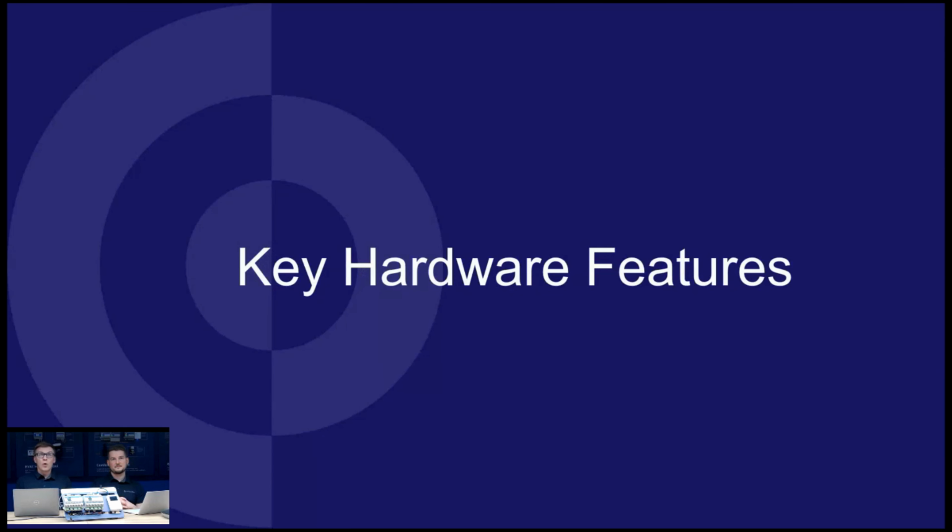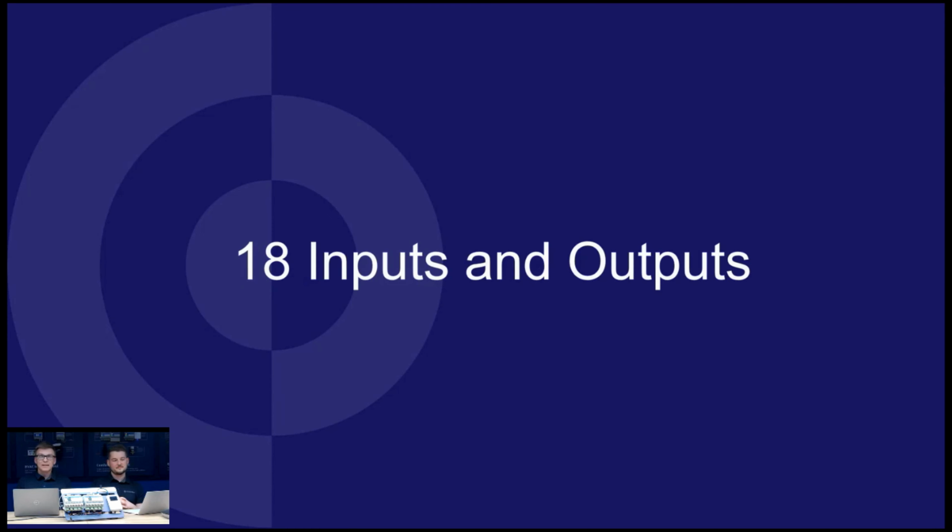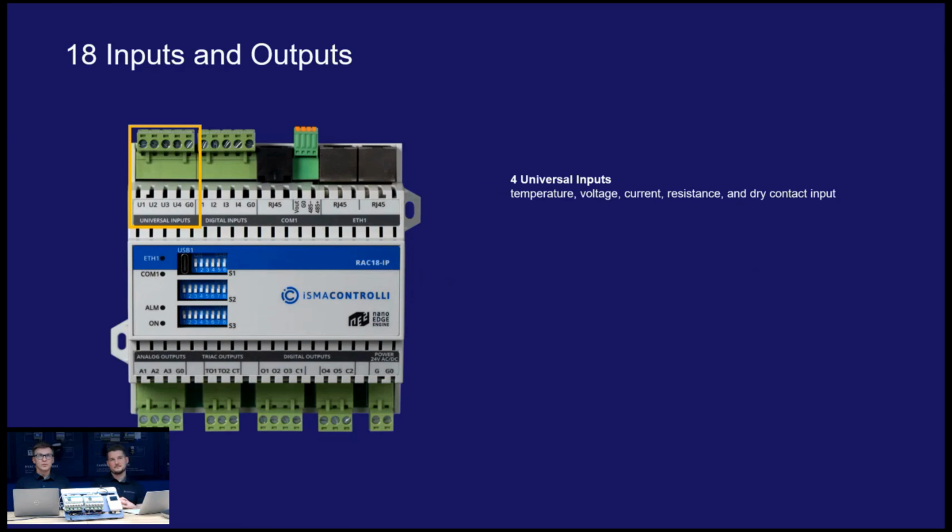Let's go through all the key hardware features which make the device so flexible. We've got 18 inputs and outputs on board. The universal inputs handle temperature, voltage, current and resistance, and can also work as a dry contact input.